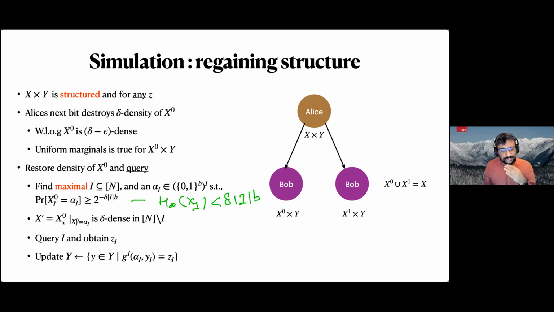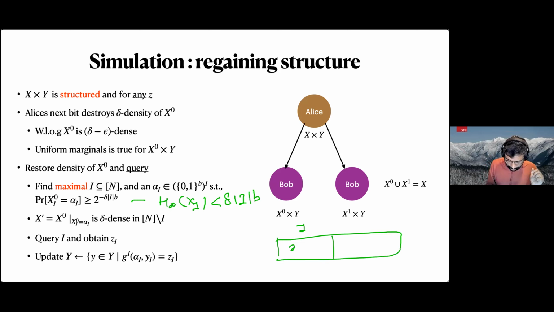So x prime, which is obtained by fixing xi equal to alpha I, is delta dense in n minus I. So we had some I, which is maximal, and we fixed xi equal to alpha I, and on n minus I we got a part which is delta dense.